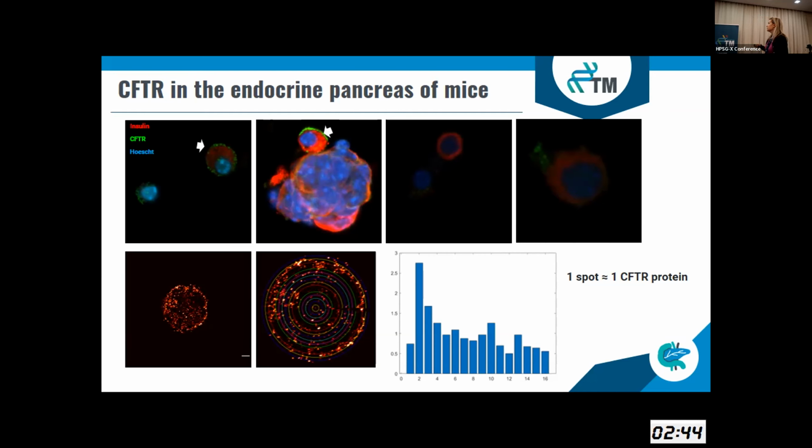Even if it's not present in all beta cells, CFTR is expressed in the majority of mouse beta cells. In those beta cells which express CFTR, the highest density was observed in the plasma membrane, as shown on this super resolution fluorescence picture.